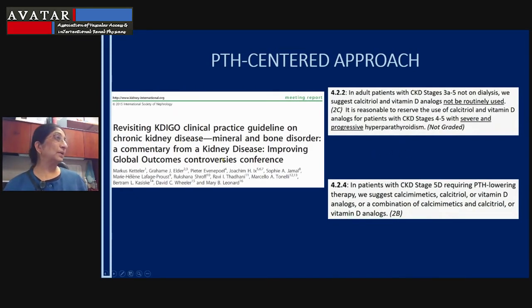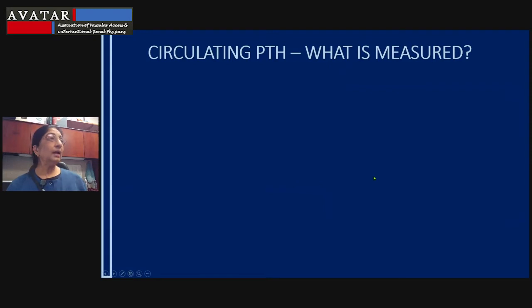And if we look at the 2017 guidelines, we see that most of the recommendations focus on PTH-lowering therapies. And these include calcimimetics, calcitriol, vitamin D receptor analogs, or a combination thereof. Having said that, we focus on a PTH-centric approach for diagnosis, understanding, and treatment.